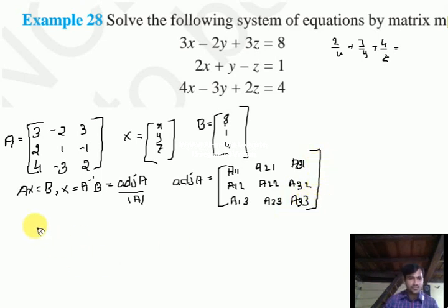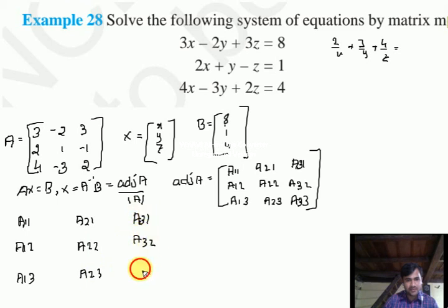Then, so what will be A11 like this? First of all, you need to write A11, A12, A13, A21, A22, A23, A31, A32, A33 is equals to.